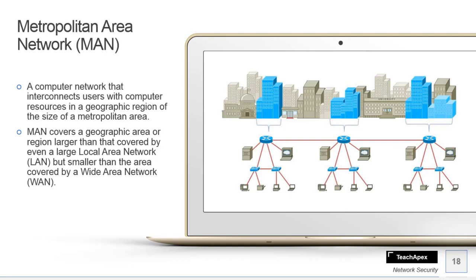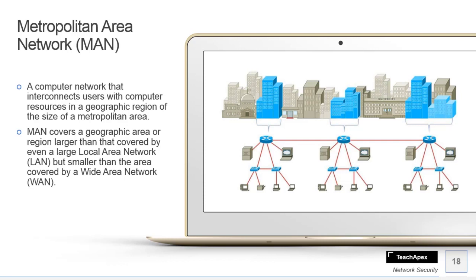Because it's a combination of two or more LANs, which is typically limited to a small building or a site. Depending on its configuration, this type of network can cover an area from several miles to tens of miles. A MAN is typically owned and operated by a single entity such as government agencies or larger corporations.